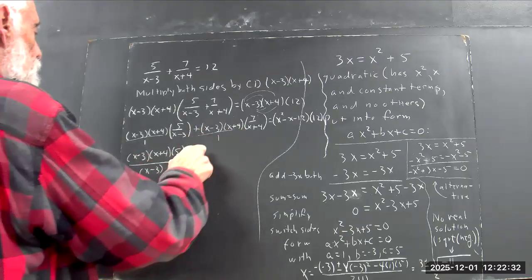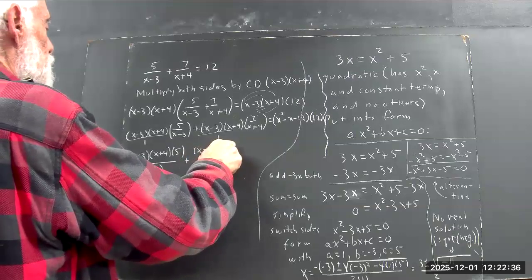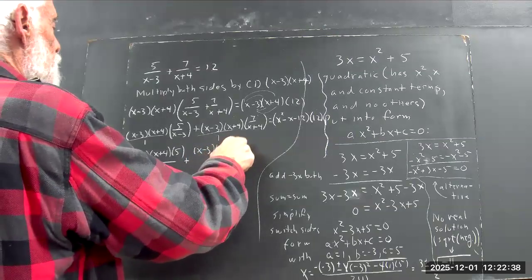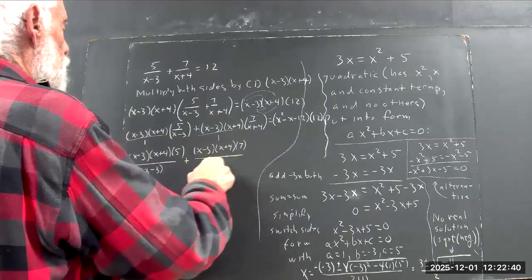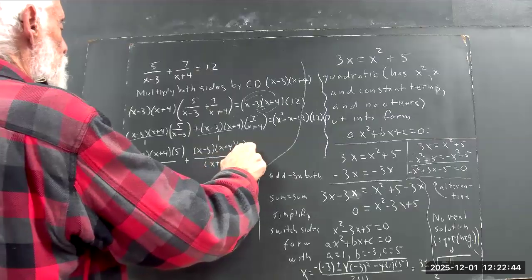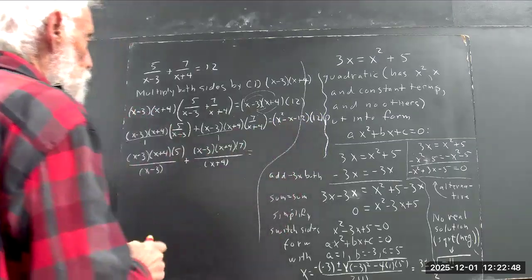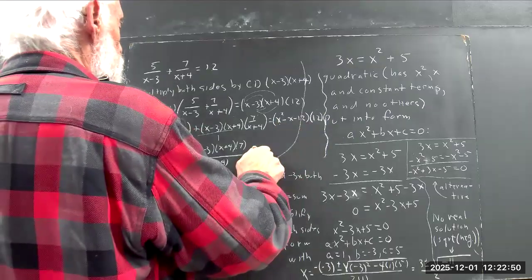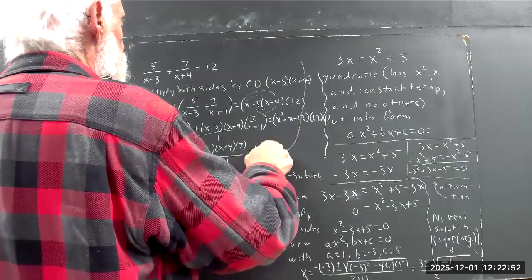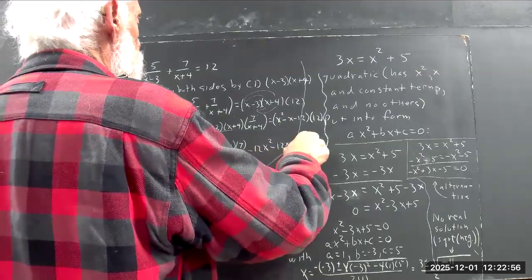Here we're going to get x minus 3 times x plus 4 times 7 over x plus 4. Now we can multiply the 12 through this quadratic expression. We're going to get 12x squared minus 12x minus 144.